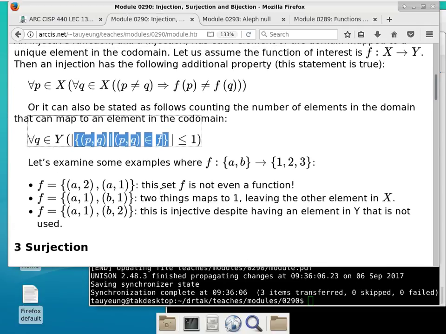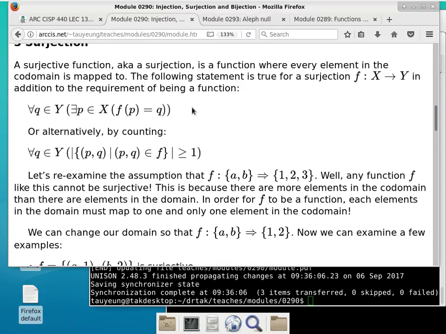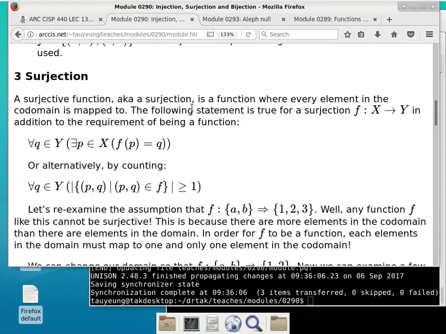Okay, so are we okay so far with injection, which is basically saying no 2 elements from the domain would map to the same thing in the codomain, or surjection, which is basically saying everything in the codomain is used. So any questions about these 2? Each one on its own is kind of useful, but not terribly so.